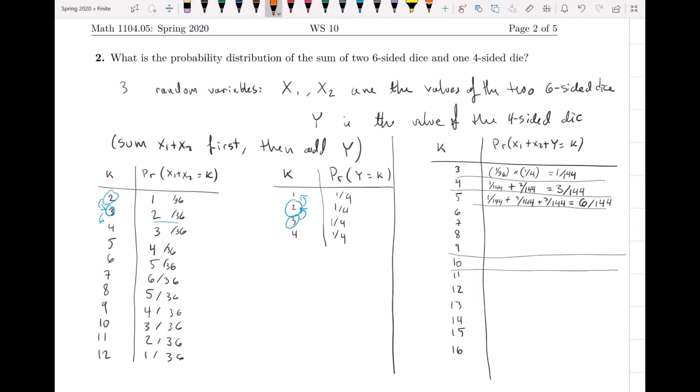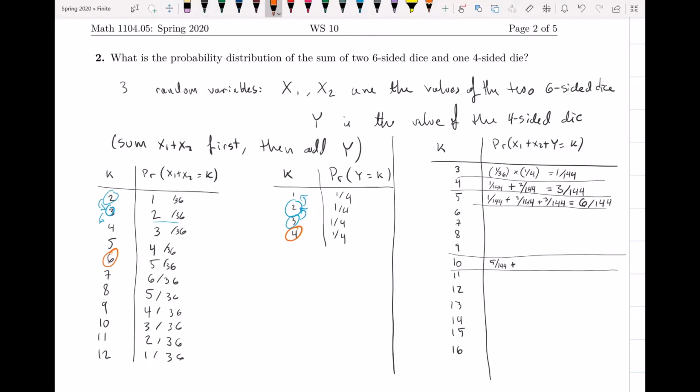So the biggest y can be is 4, so the smallest x1 plus x2 can be is 6. So we have to start here. This is our smallest, 6 and 4. And then we'll increment one and decrement the other. So 6 and 4 has a probability of 5 over 144.